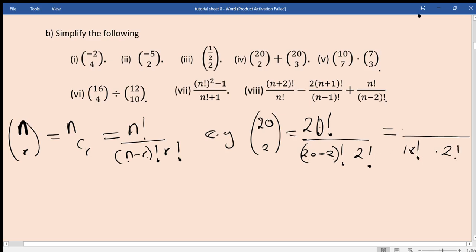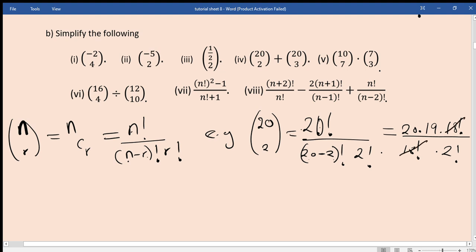20 factorial, you can write as 20 multiplied by 19 multiplied by 18 factorial. Remember, 18 factorial will be the product of 17 and so forth. So I can stop at 18 factorial so that it is easy for me to cancel things out. 18 factorial divided by 18 factorial can go.